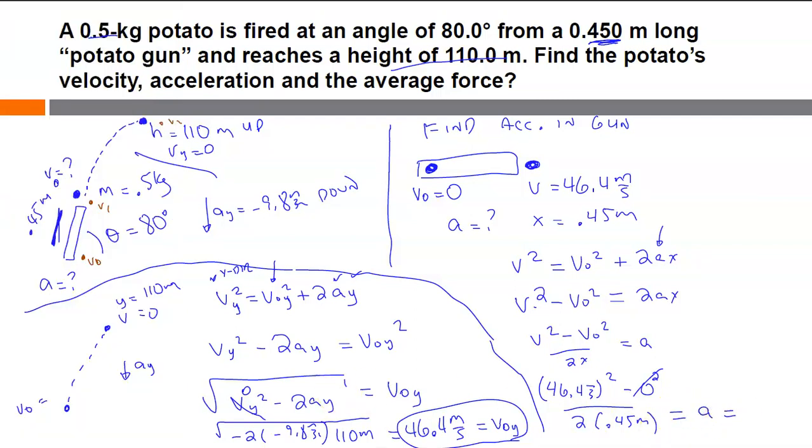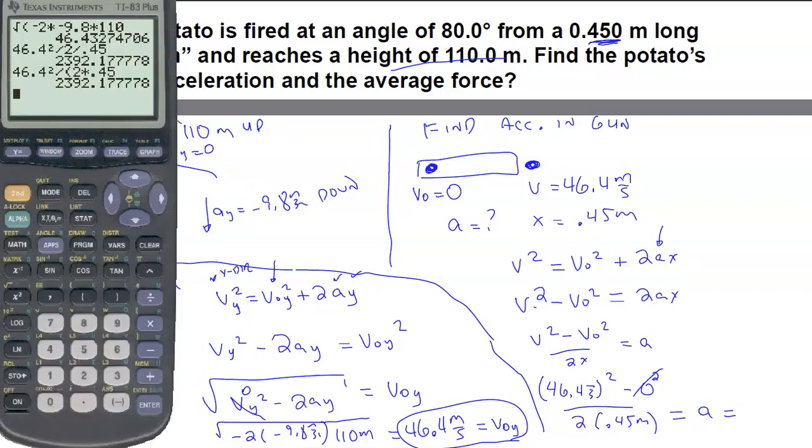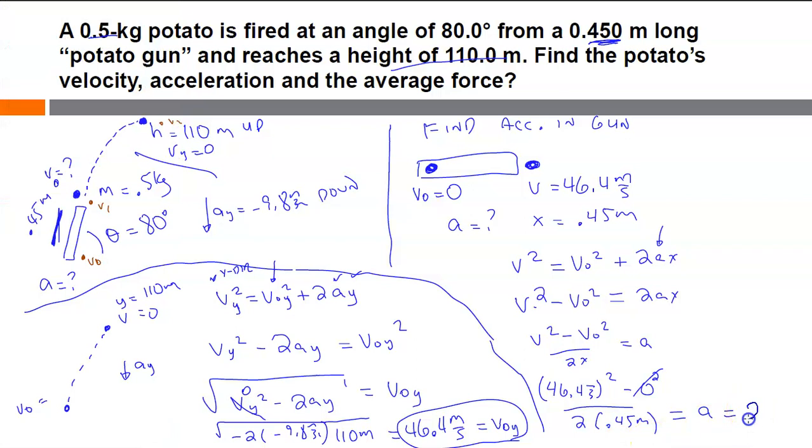That's the second thing they wanted to know, and I didn't even look at the number. 2392. And that's going to be meter per second squared because it's an acceleration. Because up here I got meters squared over second squared, this cancels one of the meters, and I'm back down to that. So there's answer number 2 that they ask us for.